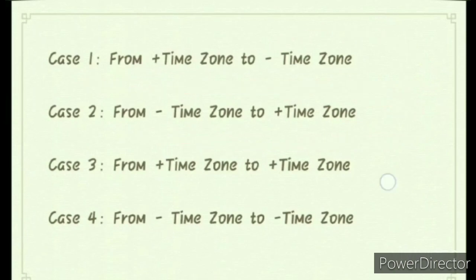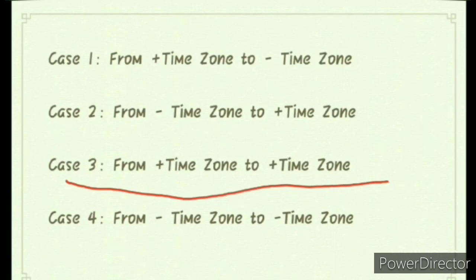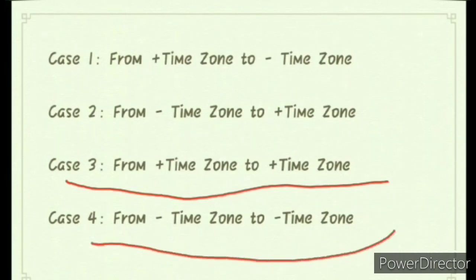Here you can see case number 3. Here a flight is taking departure from a city which is in a plus time zone and it is arriving at a destination which also comes in a plus time zone. Case number 4 is just opposite to case number 3.